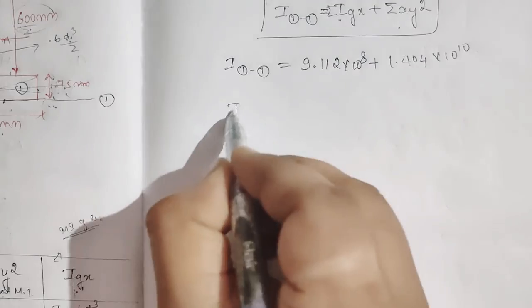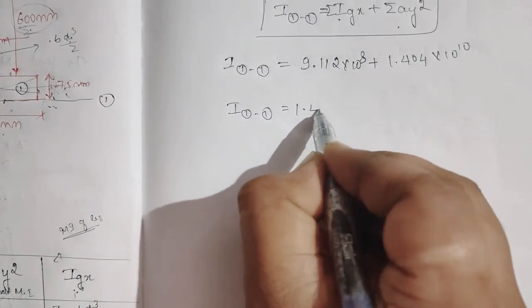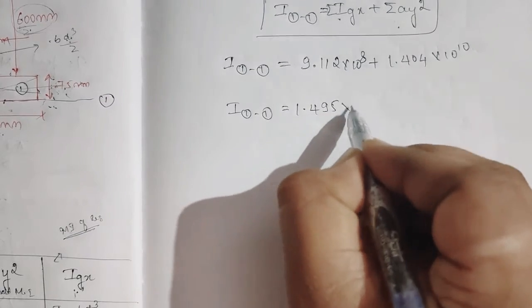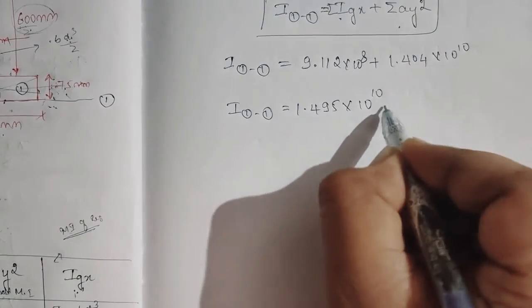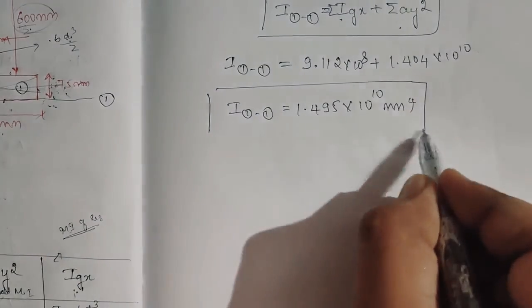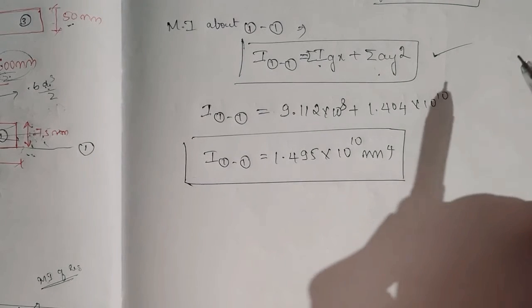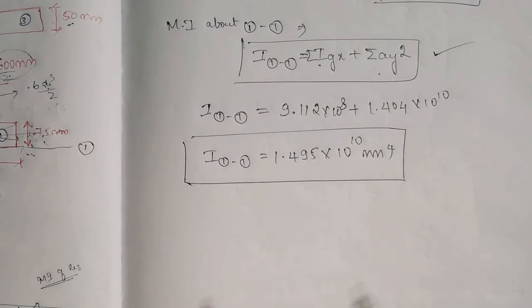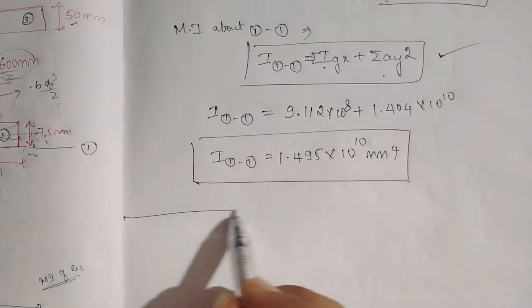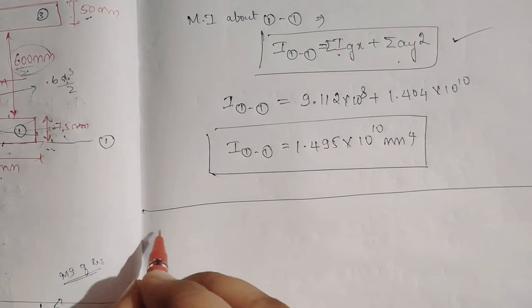So the moment of inertia about axis 1 will be 1.495 into 10 power 10. What is the unit? mm to the power of 4, which is very important. So remember this formula, and once you remember it, you're done. Every problem is like the problem you already did in the centroid chapter. So I'll go to the second problem.